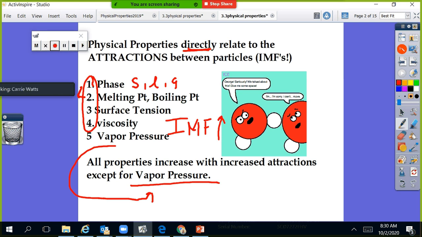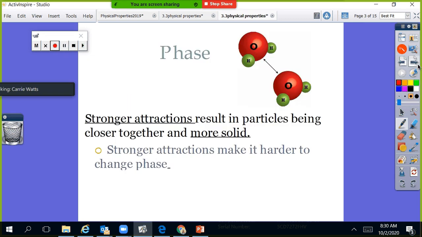So what we're going to do is take each one of them and talk about them. And we'll start with phase. Remember, the stronger attractions you have between particles, like here we are showing a hydrogen bond between two water molecules, they result in the particles being closer together, organized, and more solid. The stronger the attractions, the harder it is to change phase.